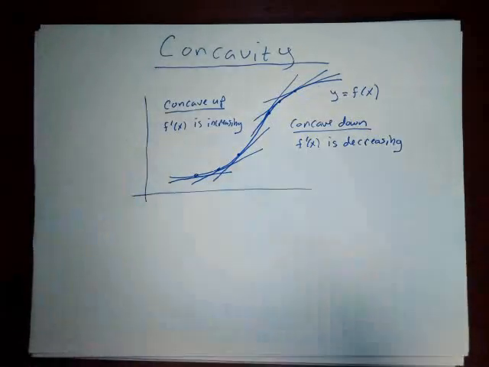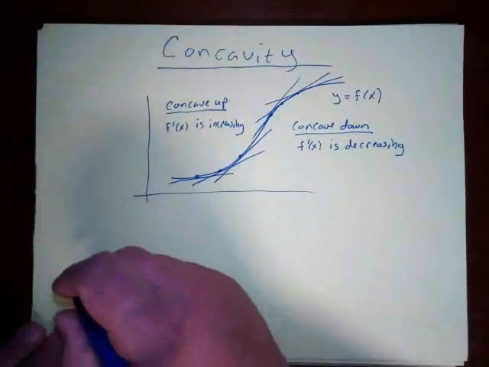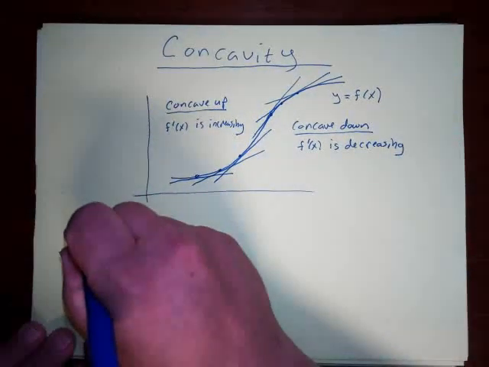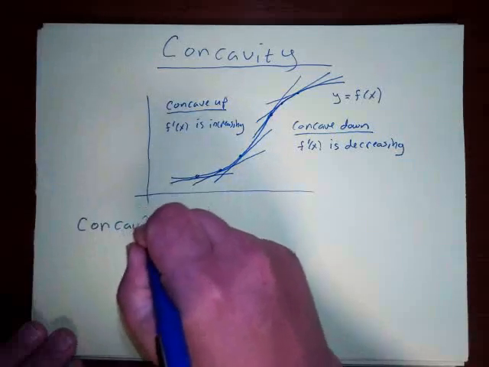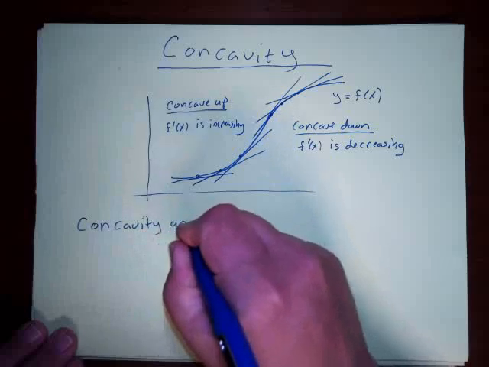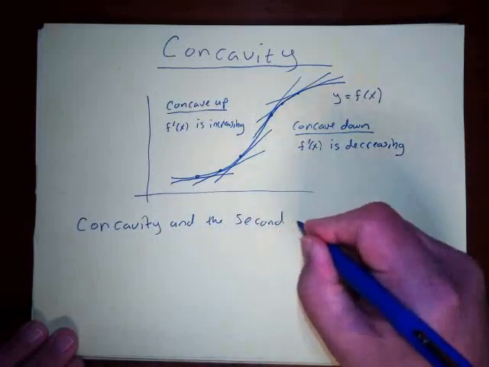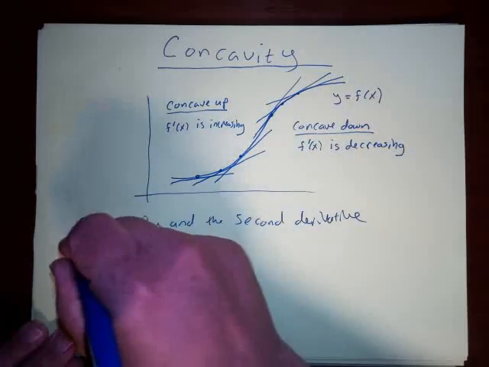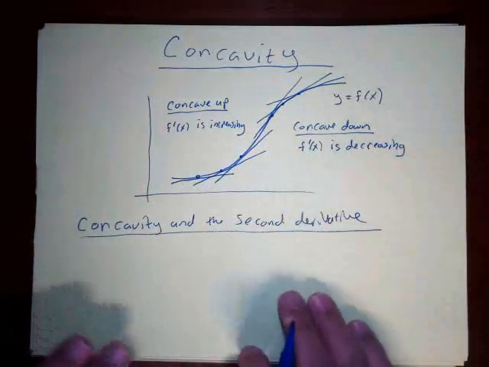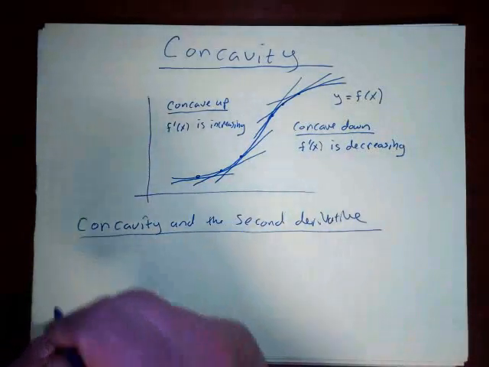I just want to make sure I say all that very clearly, but let me write this down then. We could write concavity and the second derivative. This is kind of an application of corollary 3 to the first derivative.